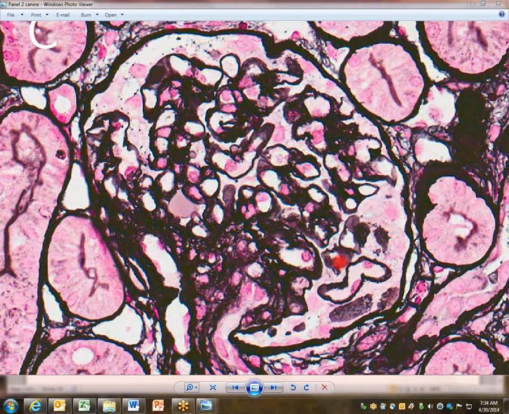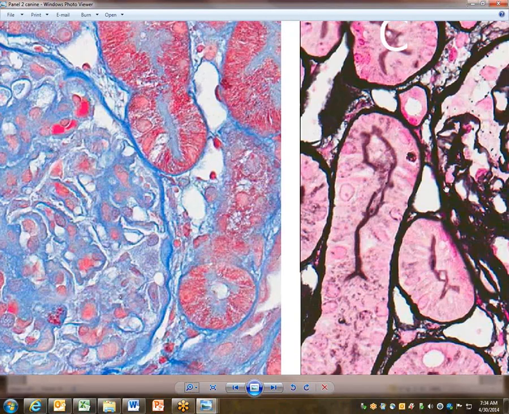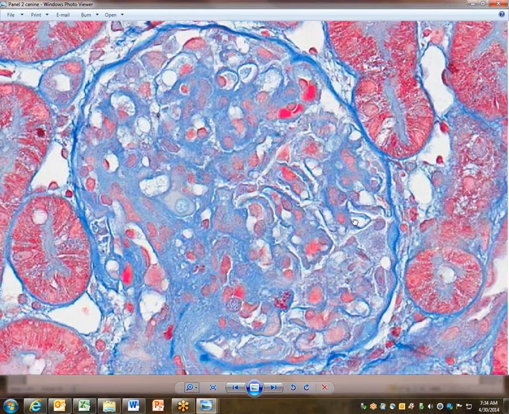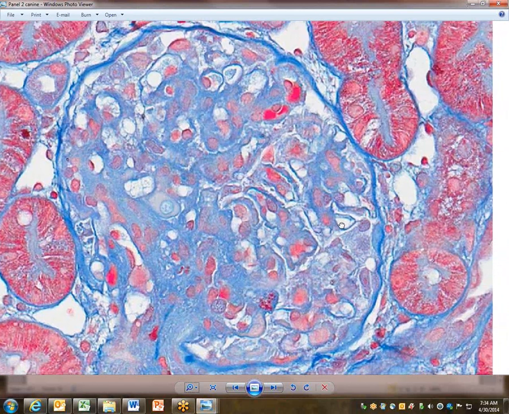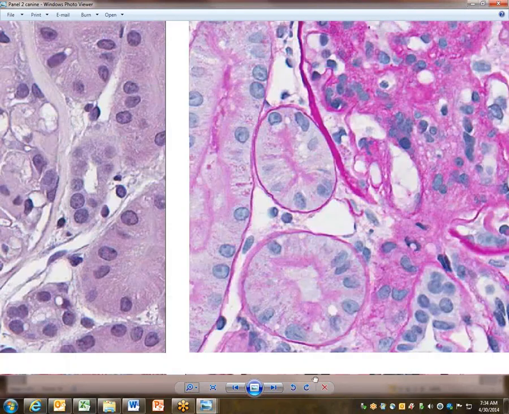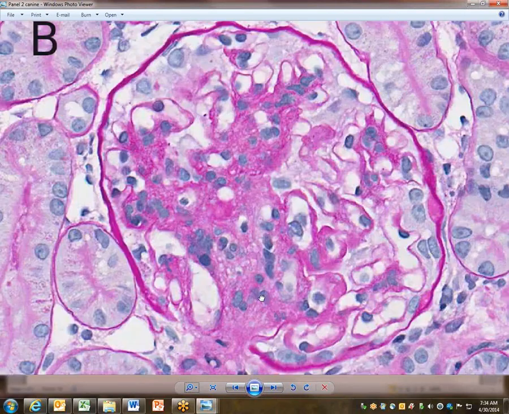The question is the difference between mesangial expansion versus glomerulosclerosis or segmental glomerulosclerosis. Sclerosis requires actual effacement of the peripheral capillary loop, whereas mesangial expansion is just expansion of those zones, but the capillary loops themselves have not been effaced by extracellular matrix.